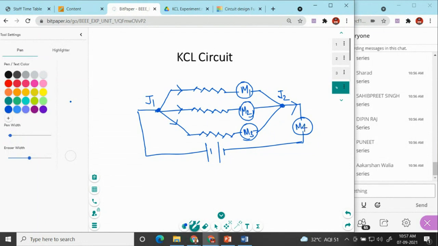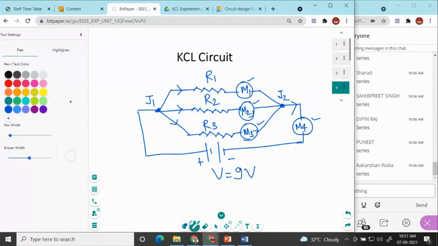So what is the requirement for the calculation of currents? Right here we need three resistances R1, R2 and R3. We need some voltage source right here. Let's suppose that we are providing a voltage of 9 volt. Okay, we need 4 multimeters, multimeter 1, multimeter 2, 3 and 4.